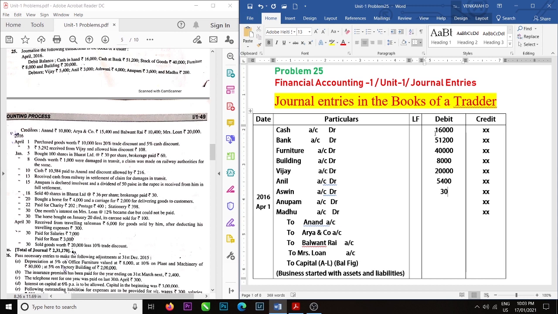Anil 3,000. Ashwini 4,000. Anupam 3,600. Madhu 200.